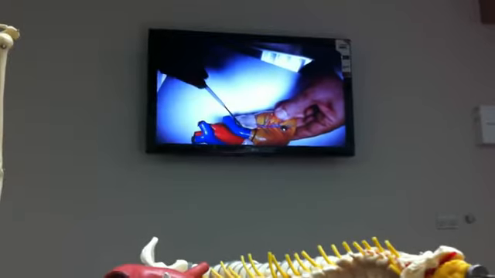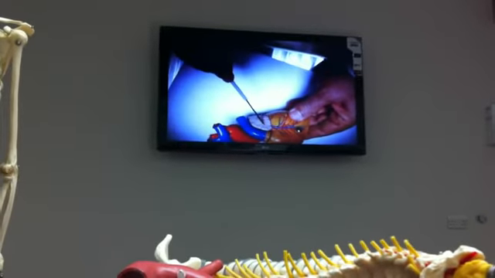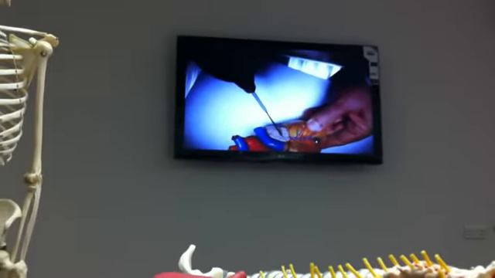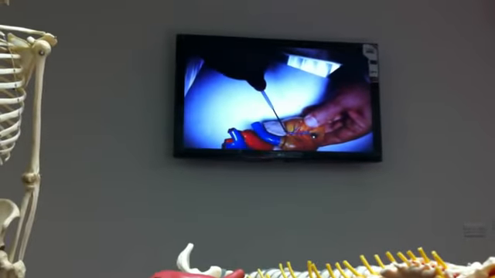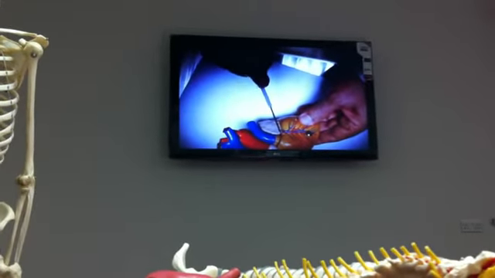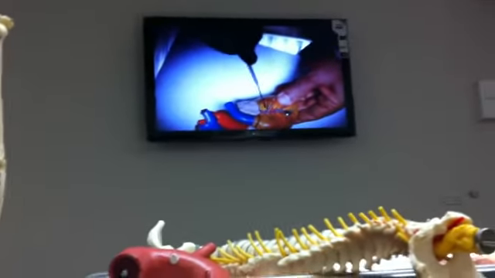On the left side, there is the left auricle, and another artery here, it's called the left coronary artery.